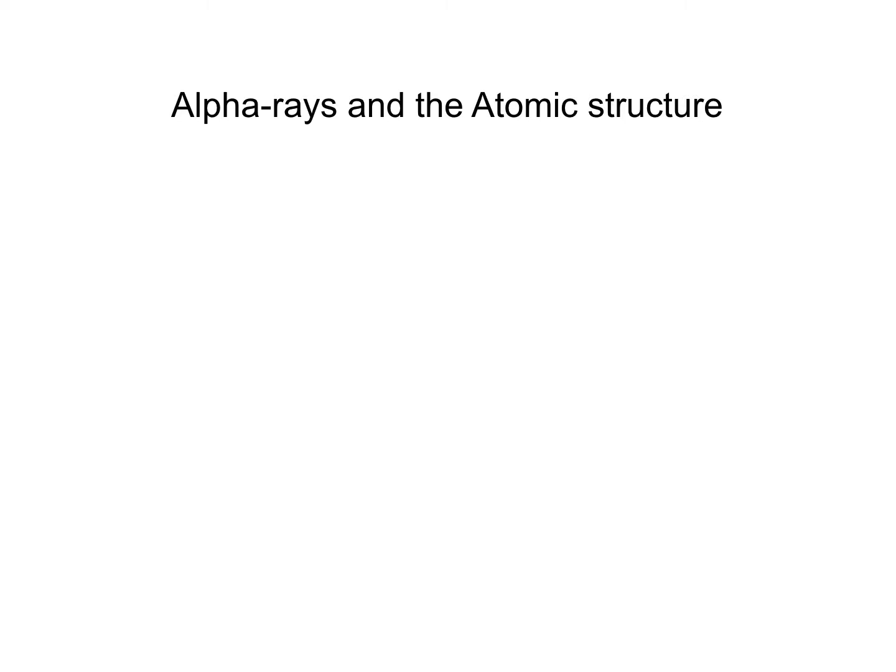Hi, in this episode we're going to discuss alpha rays and how the alpha ray scattering experiment helped us understand the atomic structure much better than the cathode and anode rays experiments.